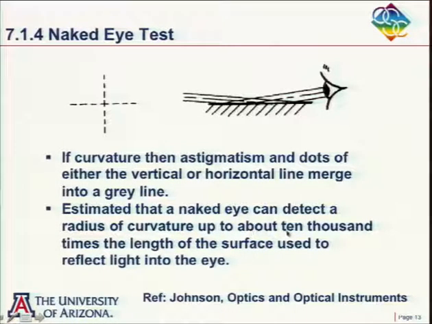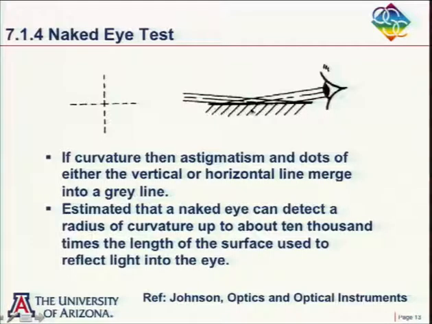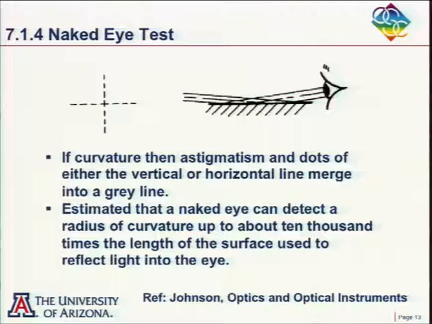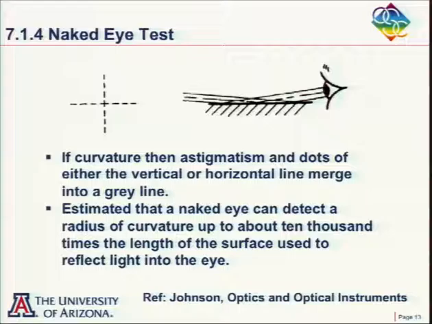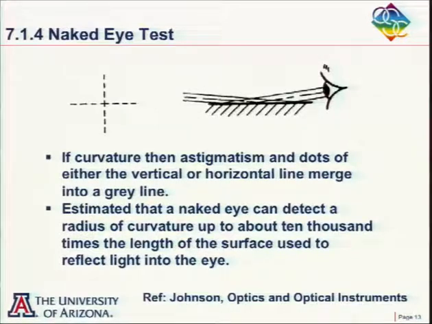But it says that the naked eye can detect a radius of curvature up to 10,000 times the length of this surface. So if this surface is 10 centimeters, I could measure up to a radius of curvature of 100,000 centimeters. Whew. That's a kilometer, just by looking at whether this becomes smeared or not. And it really does work pretty well.